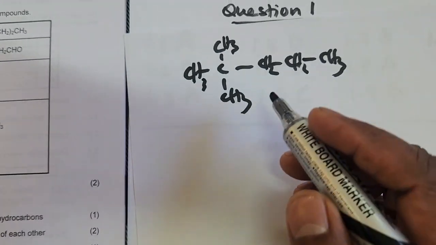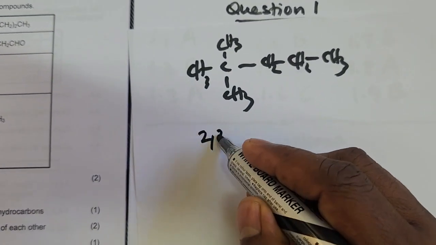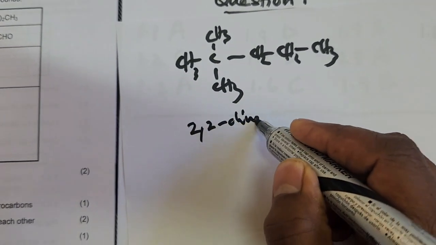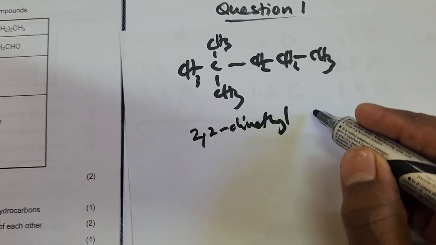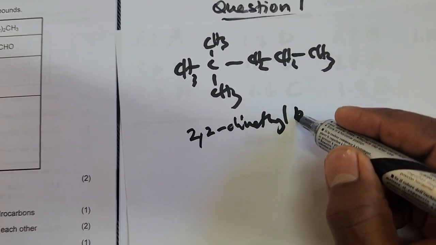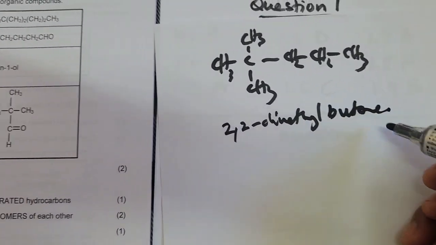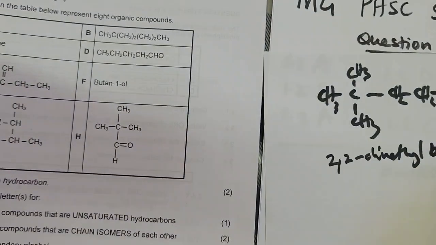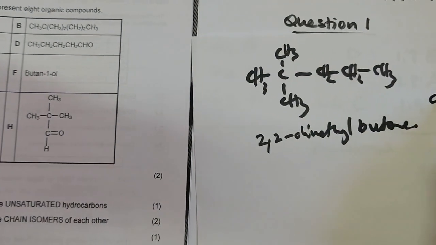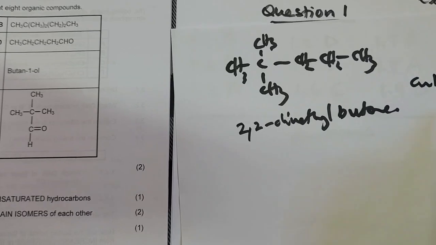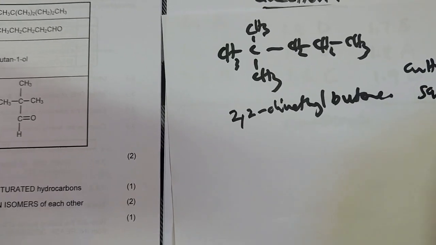So according to this one, you will see that it is 2,2-dimethylbutane. In this case, that's an alkane. So the general formula will be CnH2n+2, and it is also saturated.